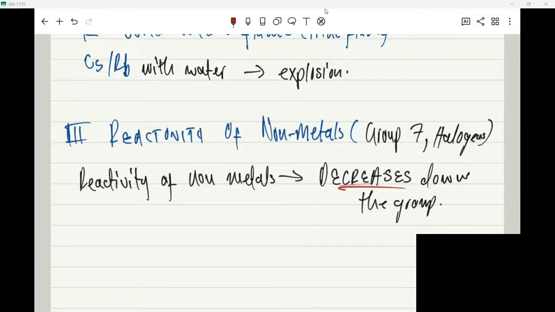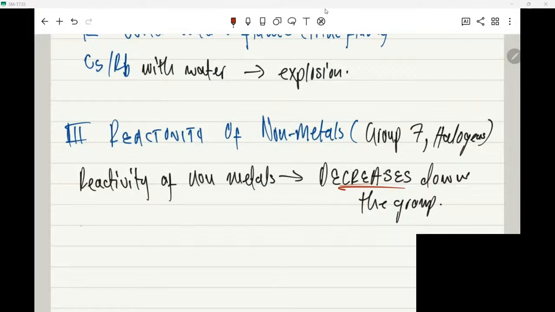Down the group, non-metals are not very reactive because the other shells block the atom from receiving a new electron. So you can just say that down the group there are more electrons, and reactivity decreases. It will be less reactive. I don't need you to explain that too much.